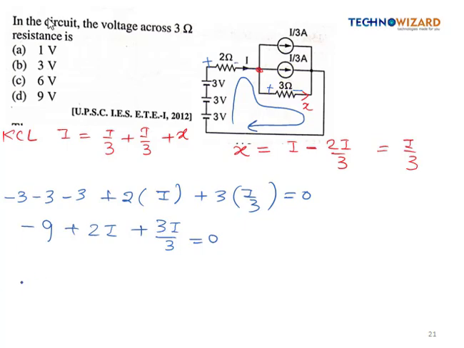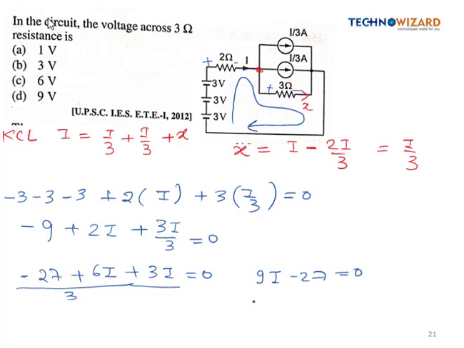So taking the LCM 3, it will be minus 27 plus 6I plus 3I is equal to 0. It means 9I minus 27 is equal to 0. So current value is coming as 27 by 9, which is 3 ampere, right?